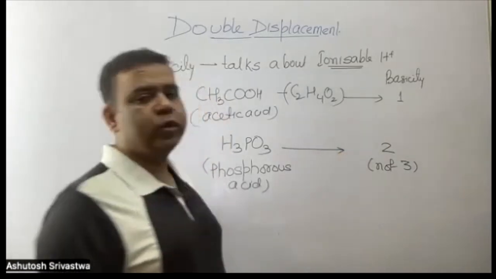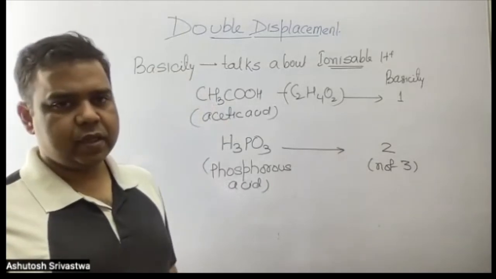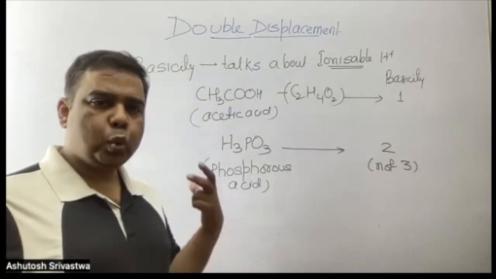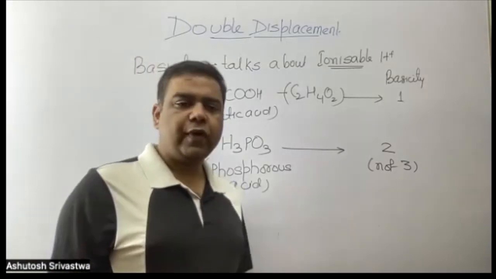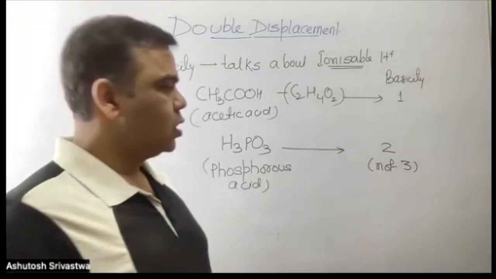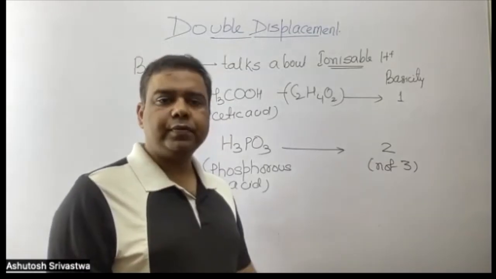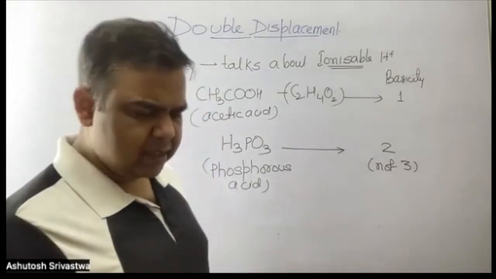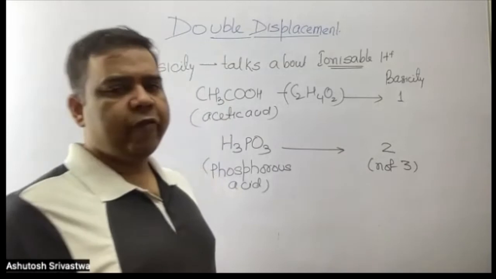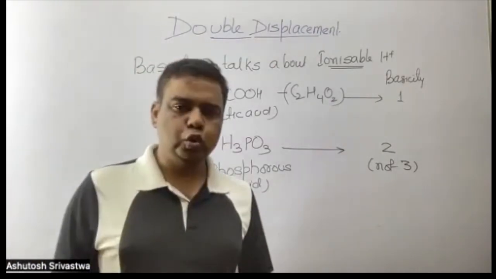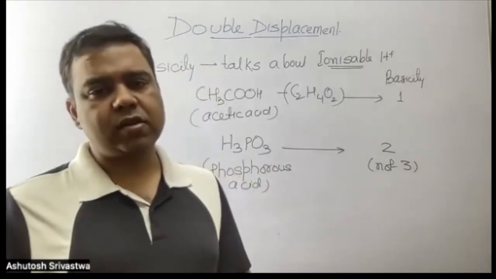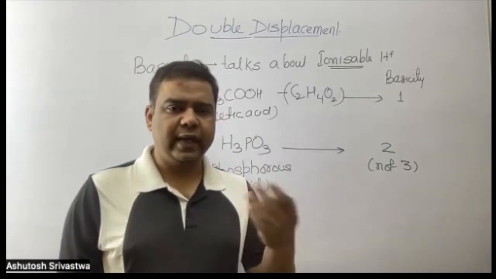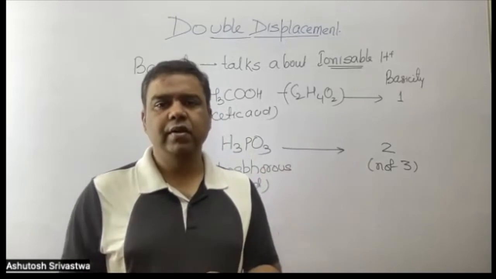Provided you know the structure of this. How to understand this thing? How to take note of it? Why is it happening so? We will take up this topic later on. We will divide the acids into 2 parts: one is hydroacids, another is oxyacids. I will cover that after some lectures.